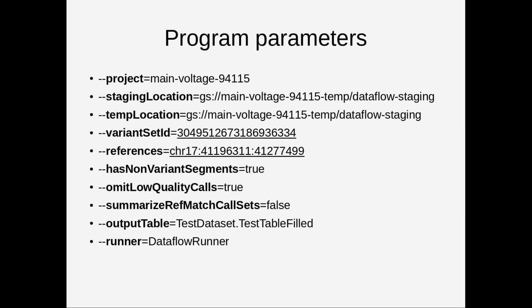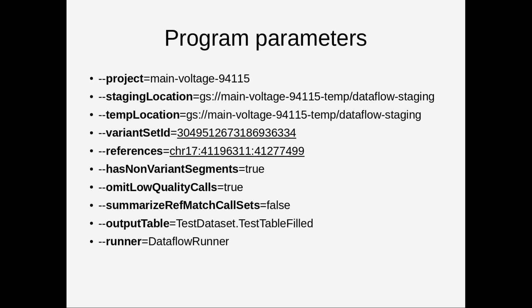Then we need some program parameters. The project ID depends on your own project, also the locations of the buckets. I use one bucket for both. You can use, of course, two different buckets. Then the other values you need to write exactly.